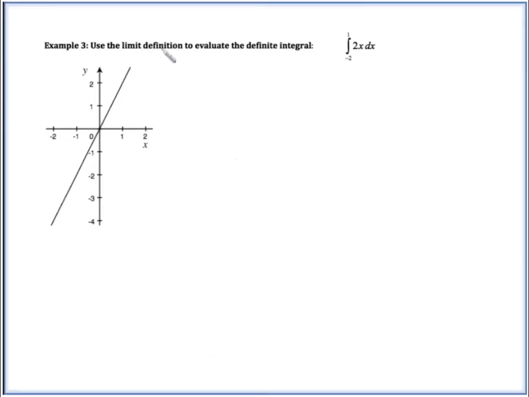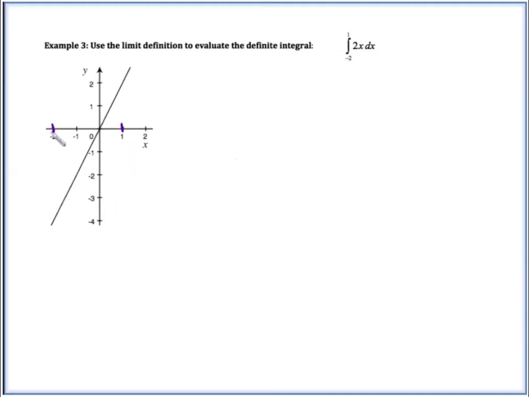So let's use the limit definition now to evaluate our definite integral. So we're going to go backwards here. So here's the definite integral from negative 2 to 1 of 2x dx. Here's our function 2x, and we're going from negative 2 to 1.